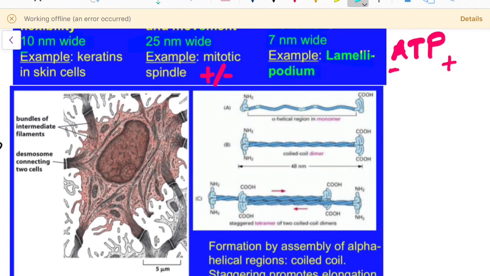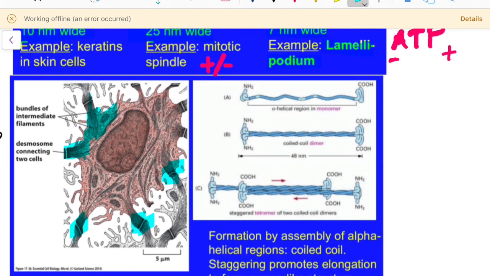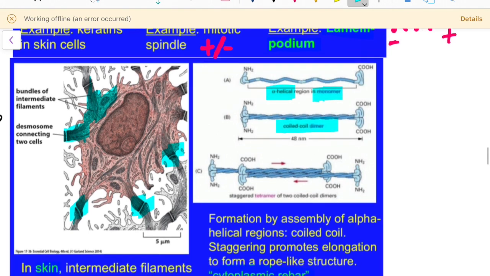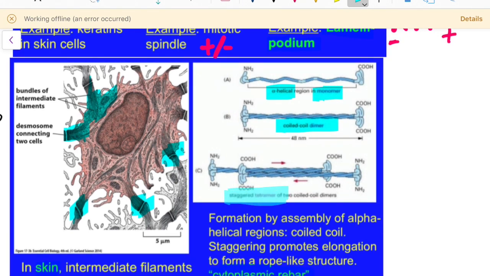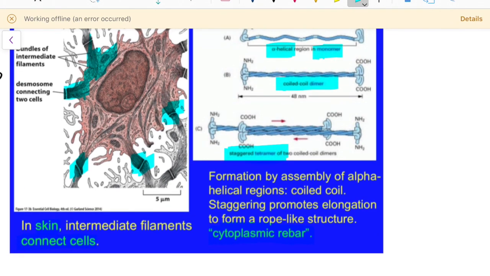Here we have intermediate filaments that connect the cells. And here we have how an intermediate filament forms. So it also is an alpha helix, like the actin monomer. You get the coil of 2, and then you get the staggered tetramer of 2 of those coils, and it is nonpolar.